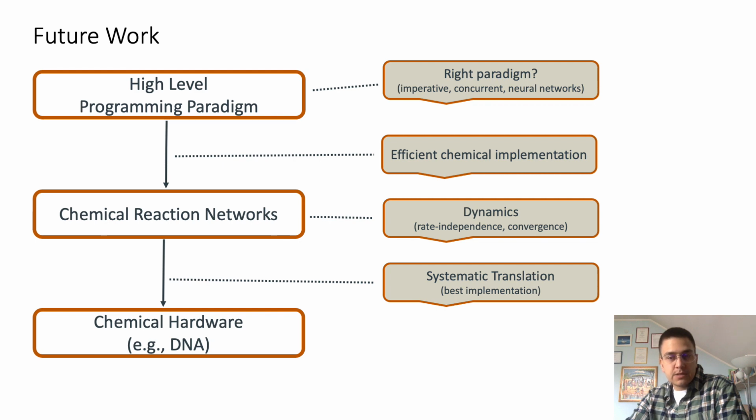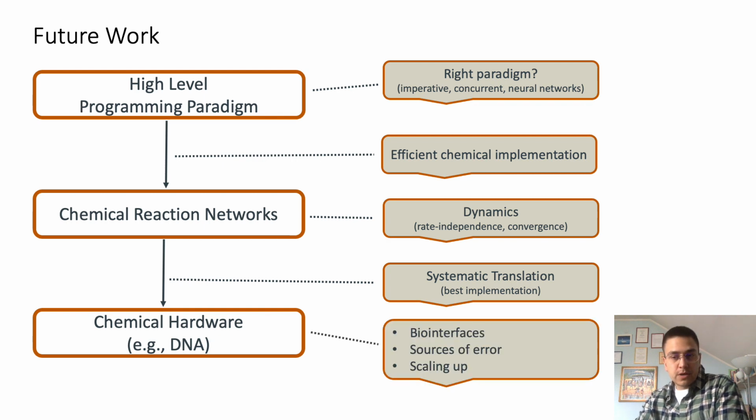So basically we need better tools for systematic translation from the layer of abstract chemical reaction networks to physical DNA implementation. So we had to do a lot of manual work to design DNA molecules to build that Longhorn pattern I showed, but we need to automate and improve. And at the level of hardware, there is a question of biointerfaces.